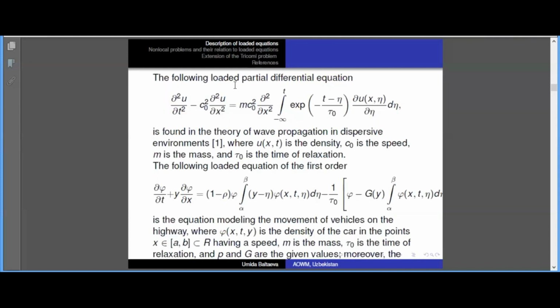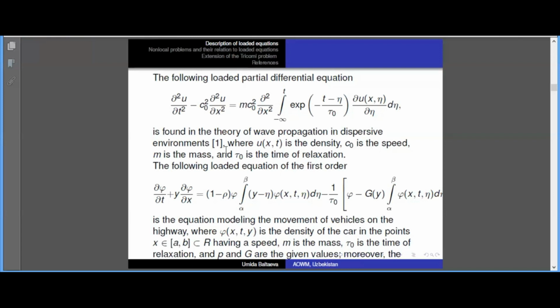Also the following loaded partial differential equation appears in the theory of wave propagation in a dispersed environment. u is the density. And next, the following loaded partial differential equation is a model of the movement of vehicles on a highway, where rho(x, t) is the density of cars at the point x.